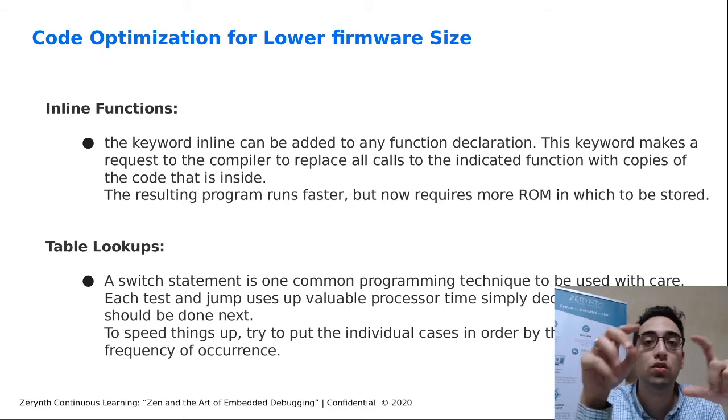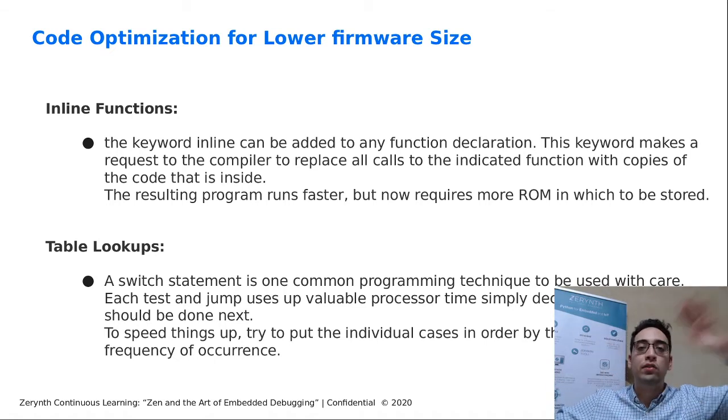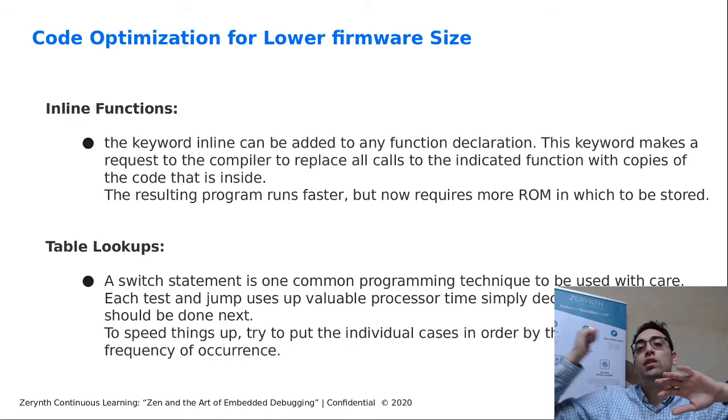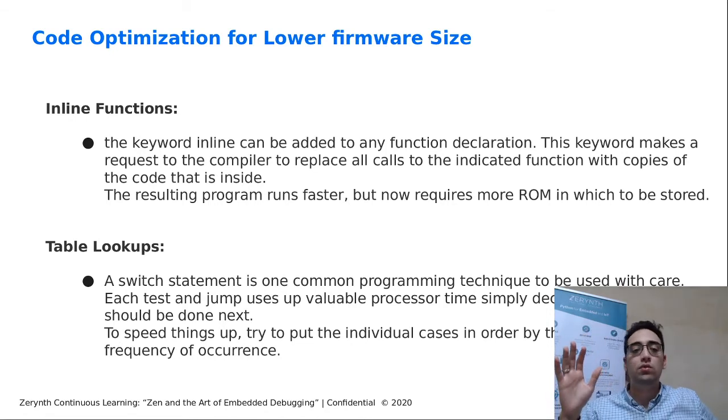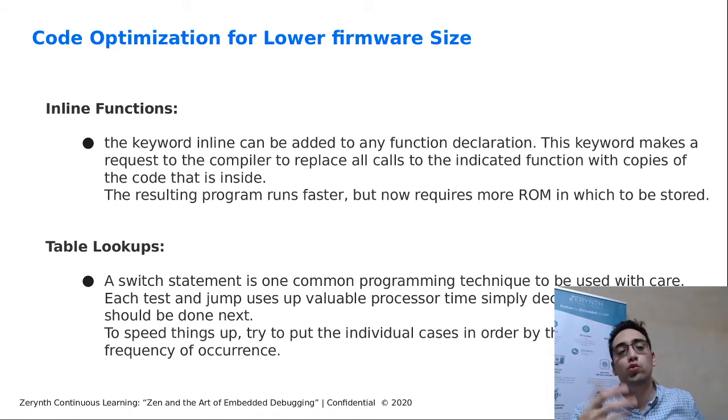So it makes the execution faster, but it makes the code size larger, because essentially I've made 2 copies: a copy of the function here and a copy of the function over there, wherever it's defined. So using inline functions results in faster programs, but it makes the size of the firmware larger, which we don't want in this particular case.